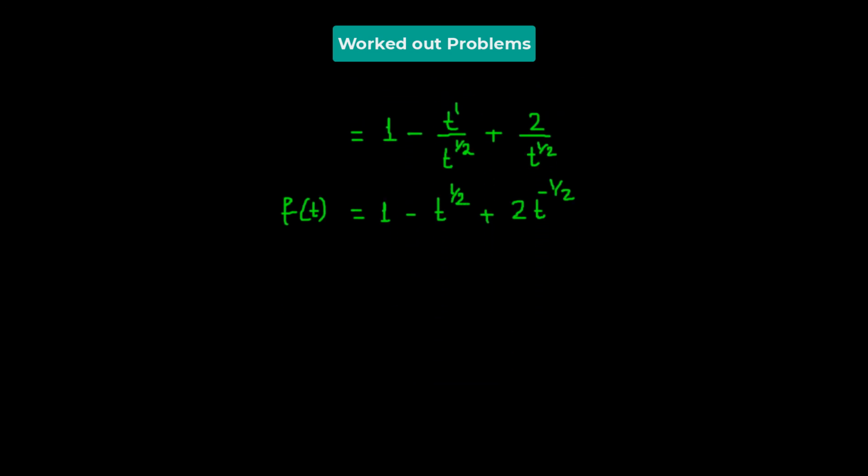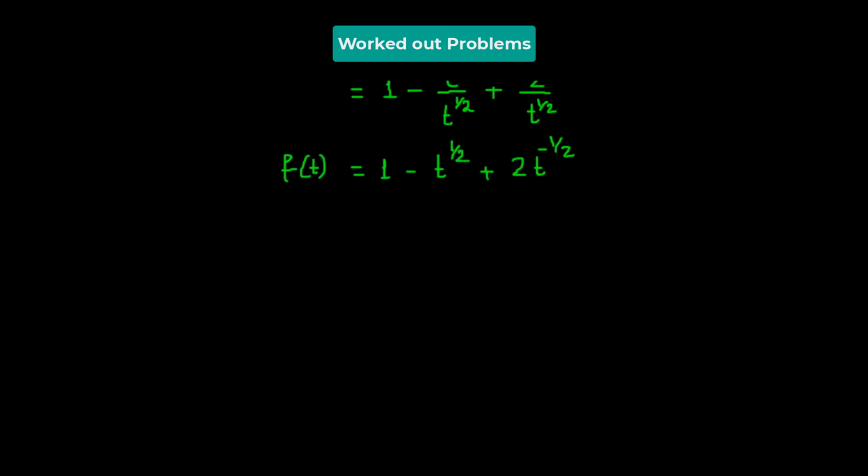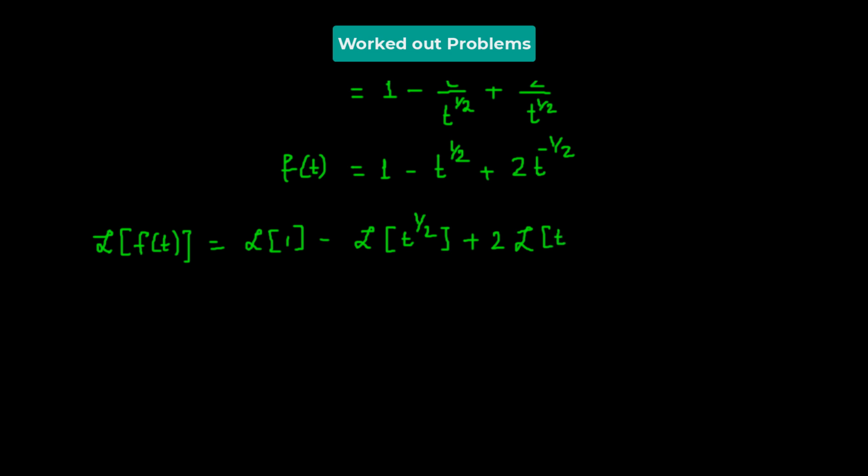Now let us find out the Laplace transform of the given function. So we have the Laplace transform of f of t, which will be equal to the Laplace transform of 1 minus the Laplace transform of t raised to the power of half, plus 2 times the Laplace transform of t raised to the power of negative half.